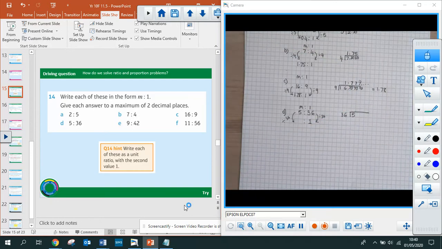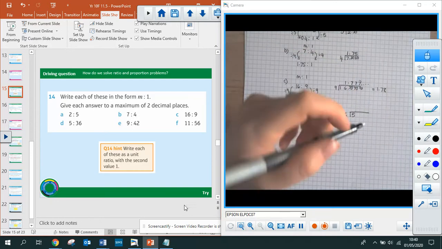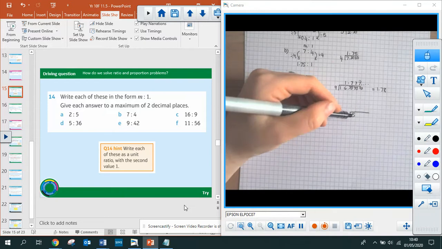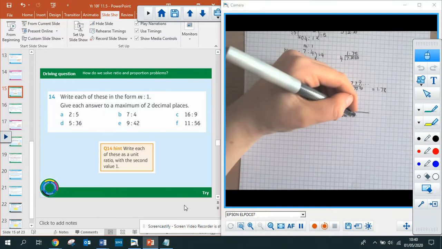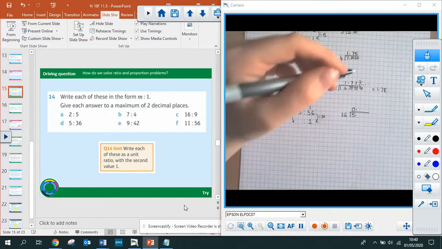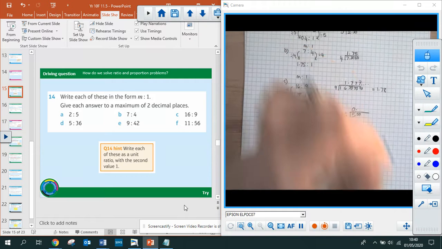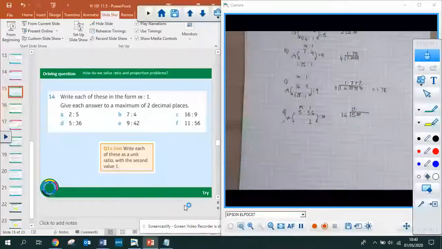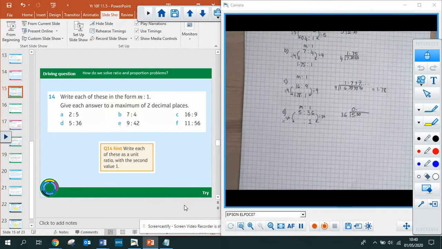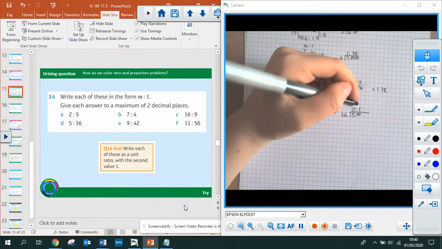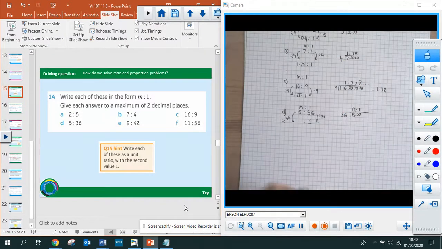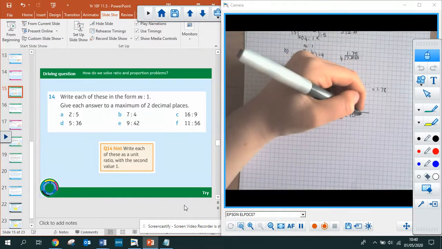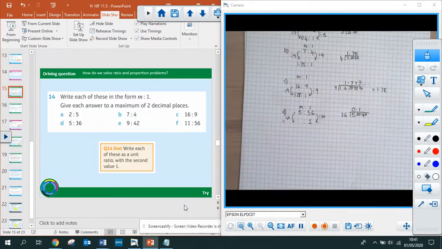Okay? So 36 doesn't go into 5, so that's a 0. Put our decimals in because we've got to the end of the number, and we carry the 5, and it becomes 50. 36 goes into 50 once, with 14 remaining. That 14 becomes 140.